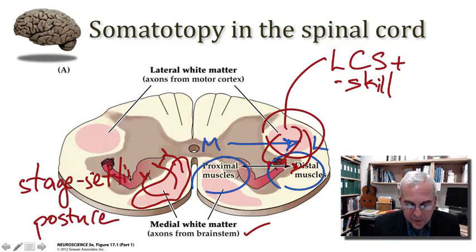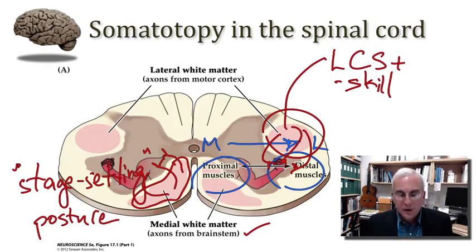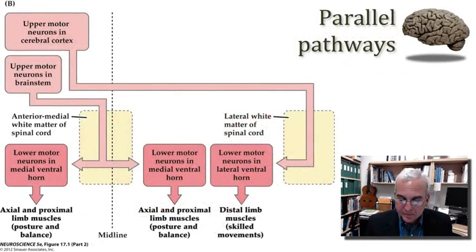And if you can remember my theatrical metaphor, then perhaps you will recall what is really going on here in these medial white matter systems, setting the stage for the performance of skill. Well, let's have a closer look now, at least in schematic form, at the way upper motor neurons relate to lower motor neurons. Now, this is really a schematic view of the same principles that I just attempted to illustrate for you.